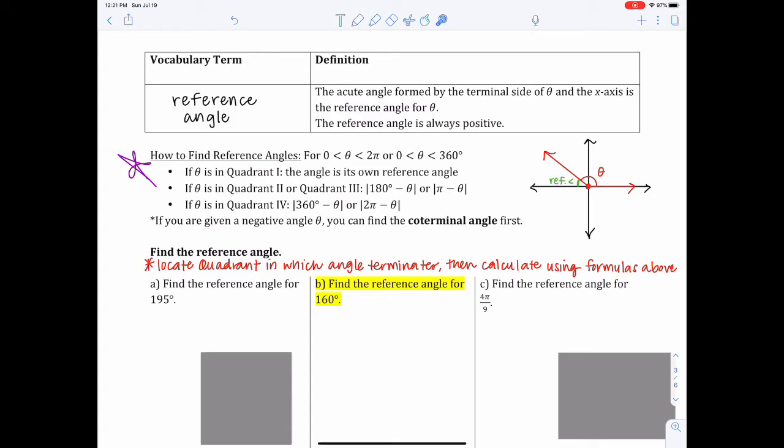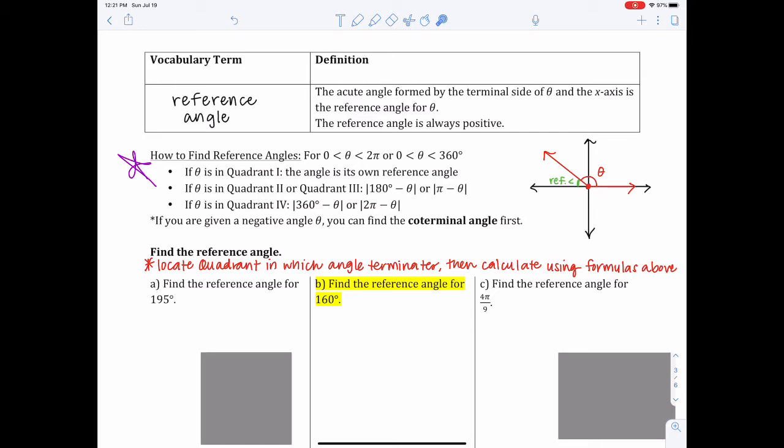Versus if our theta were to end down here, the nearest x-axis is right here. Versus if our angle were to end over here in quadrant 4, instead of going all the way around, which would be our angle, our reference angle would be from our terminal side to the positive x-axis.